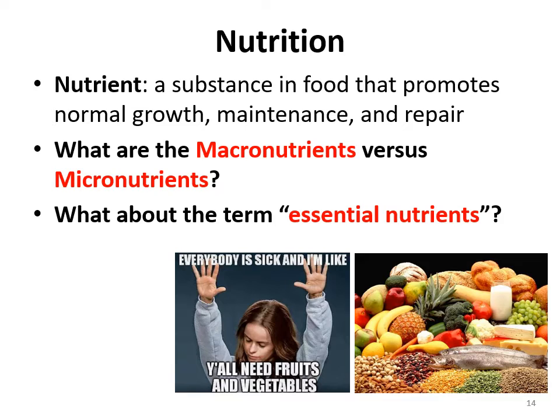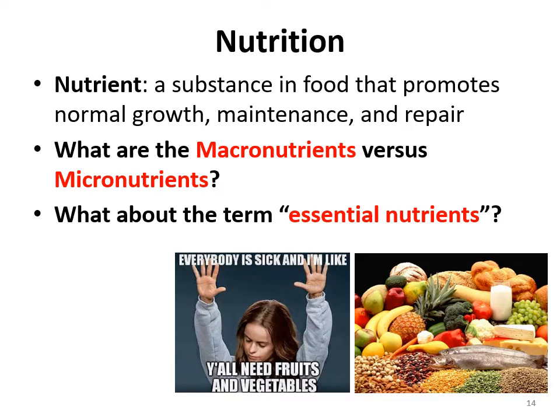Okay, so make sure you write macronutrients include water, carbohydrates, lipids, and proteins, and you want to consume them in large quantities. Whereas micronutrients, you only want in small quantities, and these are your vitamins and minerals.